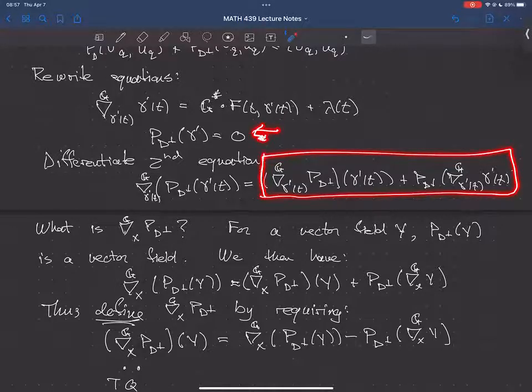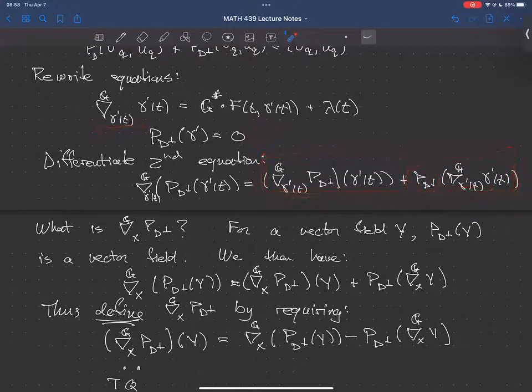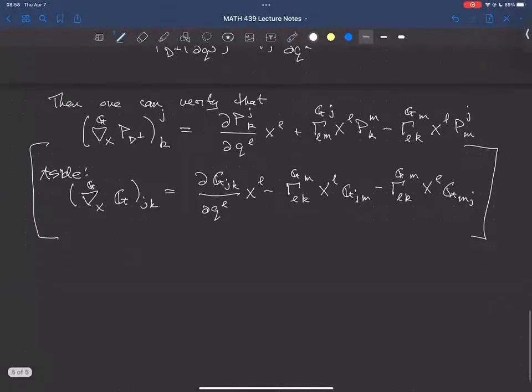What I'm going to observe is that I have a PD perp here, and I have this expression, which appears in the equations of motion. So I'm going to solve for this from the equations of motion by just applying PD perp to all of that.